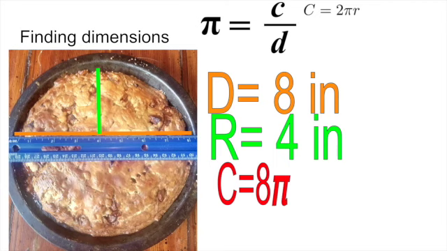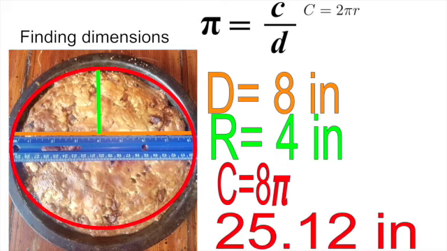And then we get to see how accurate, how precise, we want these numbers to come out. Since circumference is equal to 8 times pi, I want to use 3.14 for pi. If I replace that, it is 25.12 inches going around my pan.